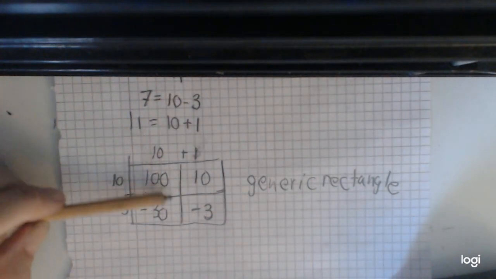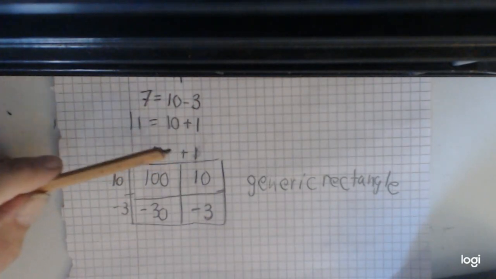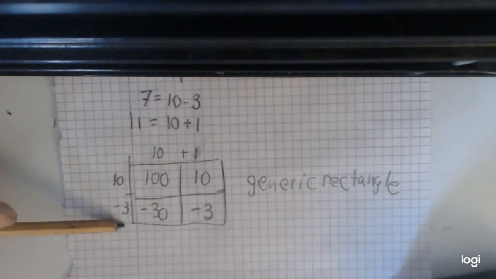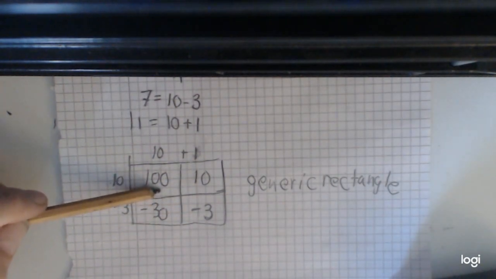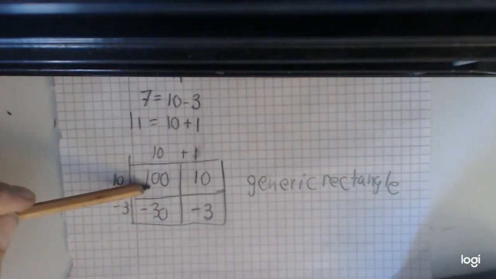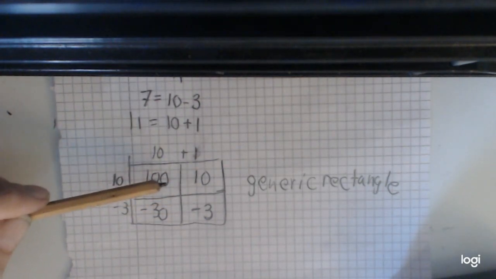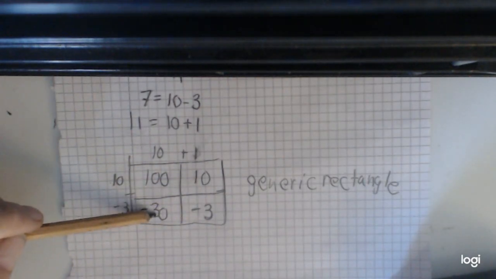Then you take the product of these two sides here, and it will give rise to 3 sub-rectangles, and the answer, the product we're looking for, is the sum of these sub-rectangles' areas.